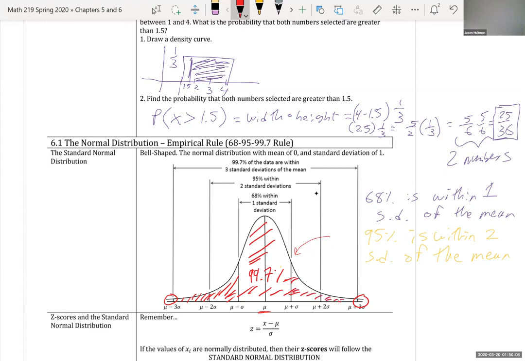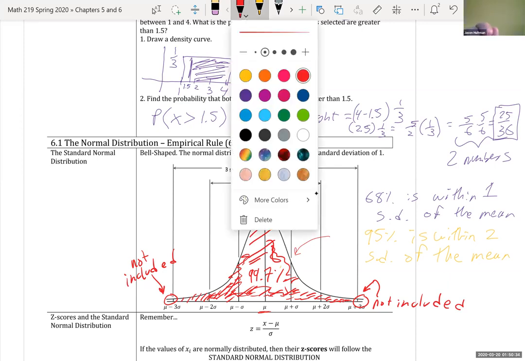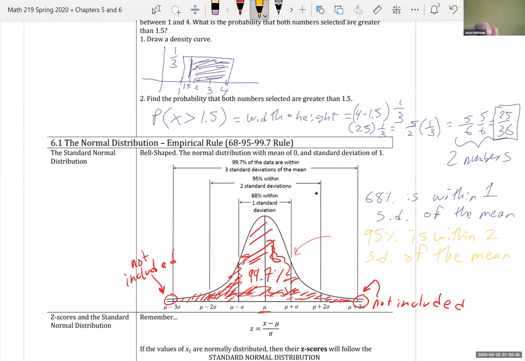Everything out to three standard deviations from the mean is included, except these pieces, which are not included.